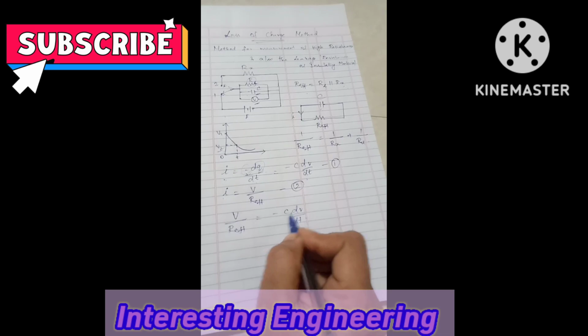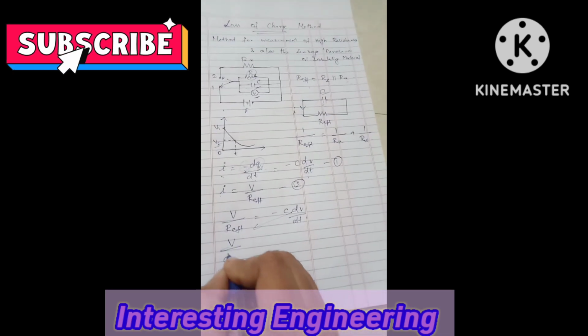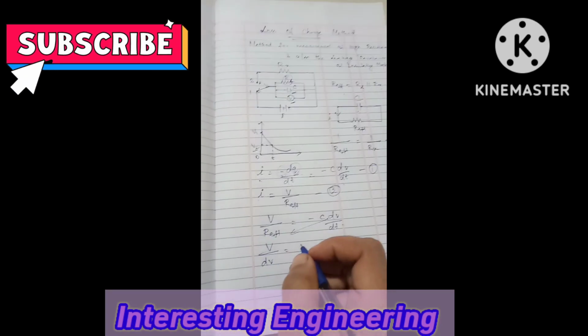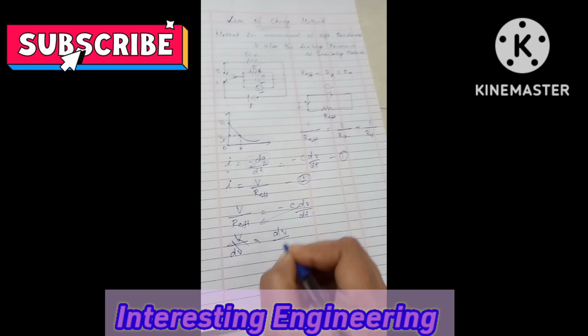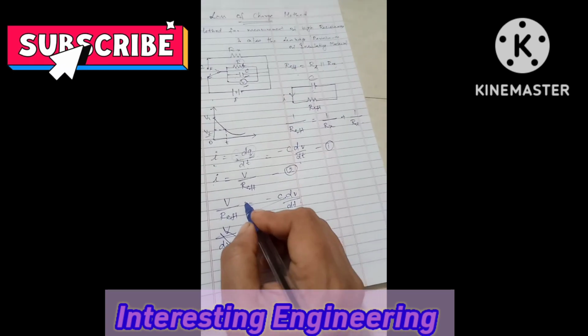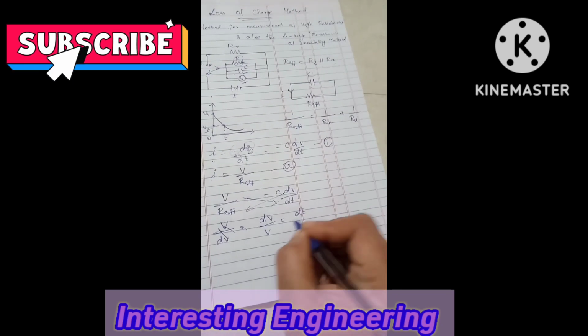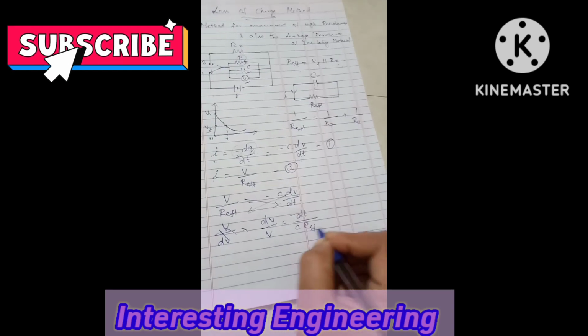I'm bringing the dV to the other side, so it changes to dV by V is equal to minus dt by C into R effective.